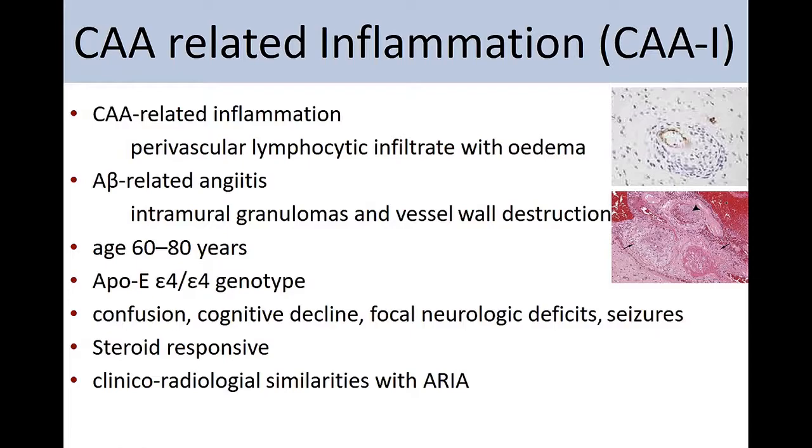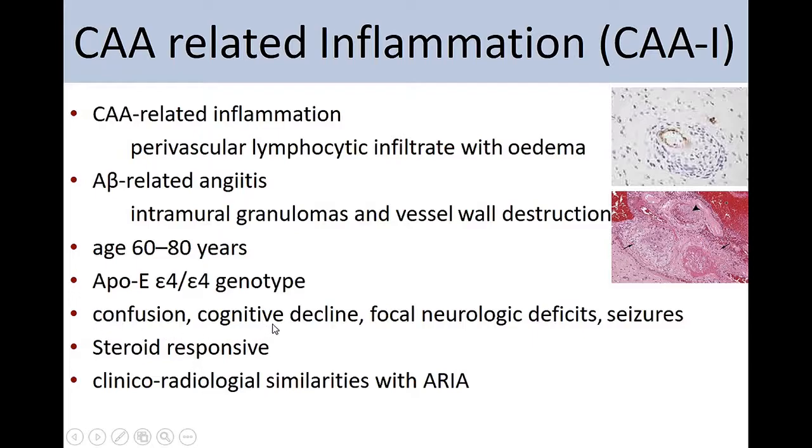From this form, there has been a description of a variation, which is an inflammation of CAA. So CAA-related inflammation, where you have infiltration of lymphocytes in the perivascular space associated with edema. It is a form of A-beta-related meningitis with intramural granulomas, usually in patients aged 60 to 80.